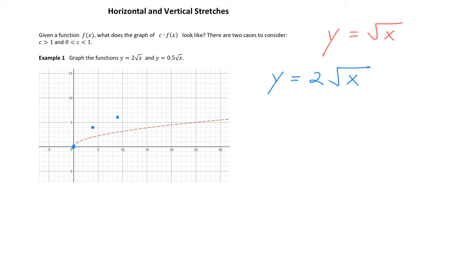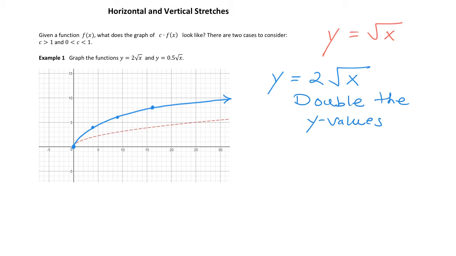So I'll plot that as well. If I draw the graph going between these points, it looks like this. That is the square root of x multiplied by 2. So the net result is that we doubled the y values. So I'll just put double the y values.